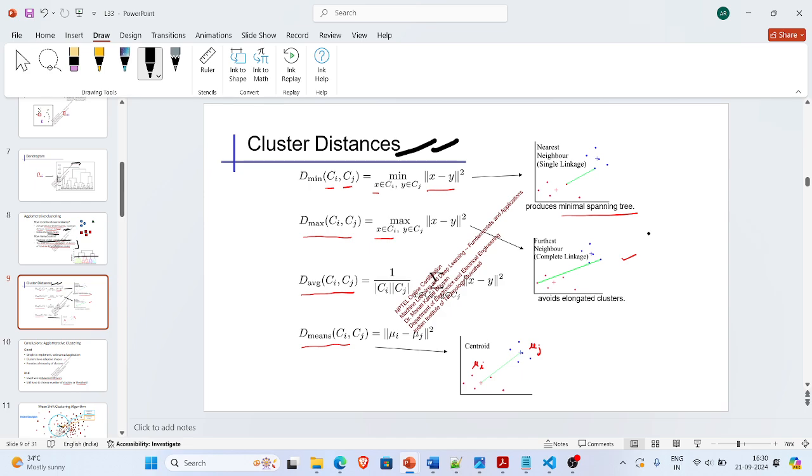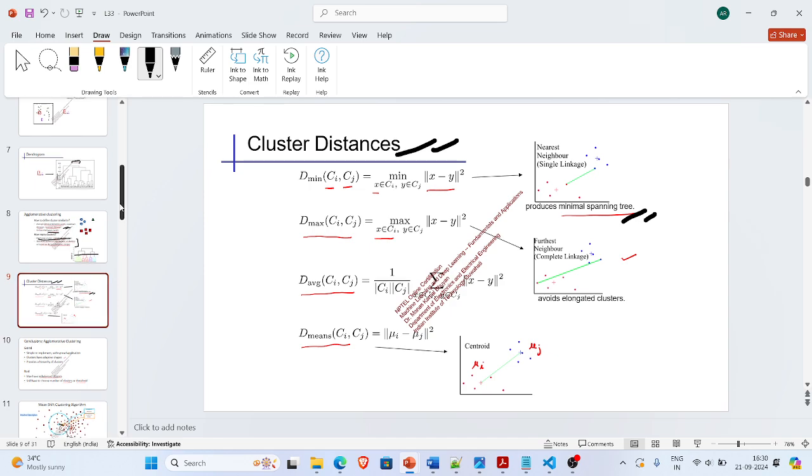The interesting thing is this distance produces the minimal spanning tree.